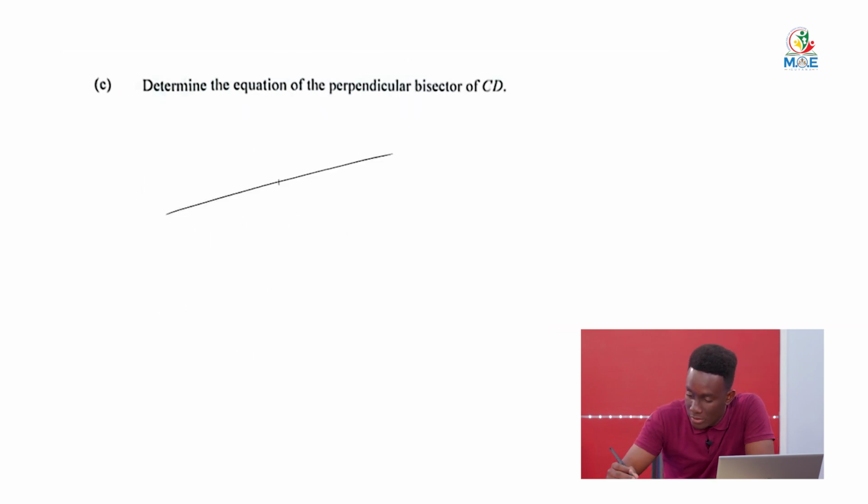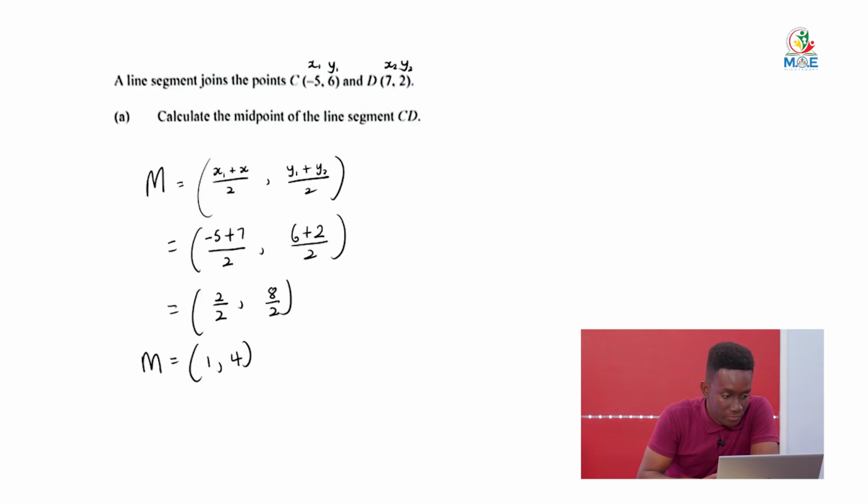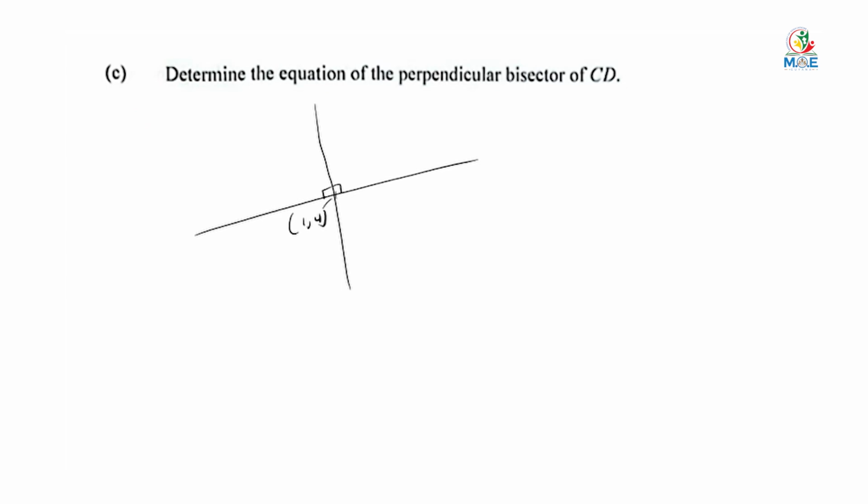Perpendicular bisector means the line passes through the middle of the line segment at 90 degrees, of course. So we know the point at which the line will pass through would be the midpoint, (1, 4), that we found earlier. That is important to note.